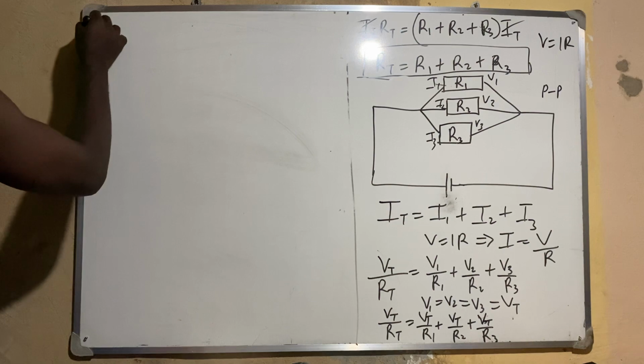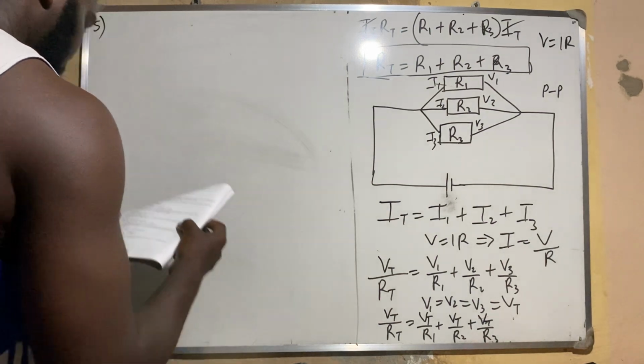Question number 5. We start from the small questions, then we move to more difficult ones.